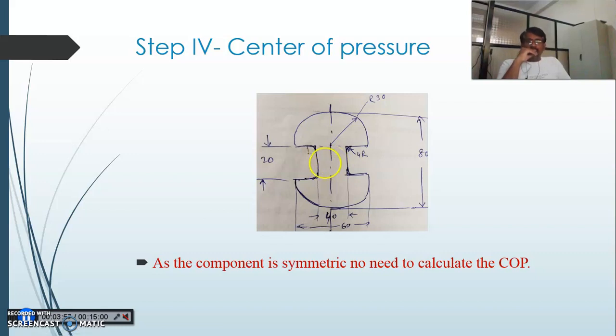So it is not required to calculate the center of pressure for such components if they are symmetric. So you have to write only the answer for this step as: the component is symmetric, no need to calculate the COP. The COP in this case, if we put the x-axis and the y-axis, will be the mid of the component only.